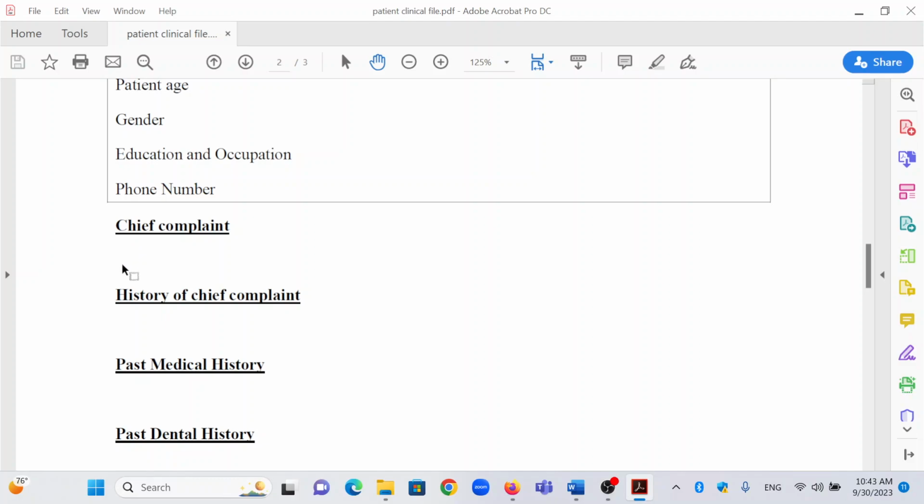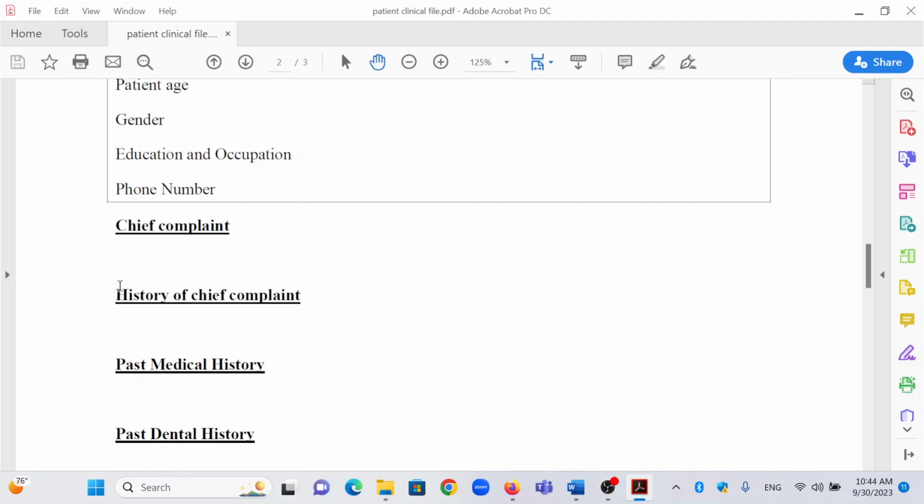And then we go to the history of the chief complaint. If the patient complains about pain, then we need to ask specific questions about this pain. For example, we can start by asking about the onset of pain.